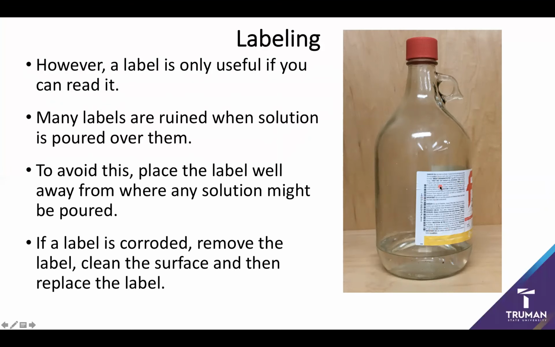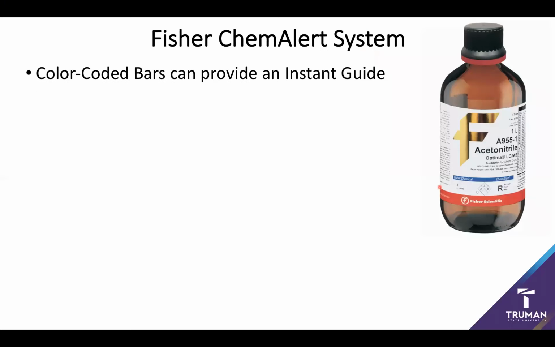Now, one of the other things that's worth noting with the use of labels is there's a couple of methods that are frequently used to try and help identify what might be present in a bottle. And one of those is provided by Fisher Chemical, which is called a ChemAlert System. So these are essentially color-coded bars that provide instant information as to what sort of hazards might be present with the material inside.